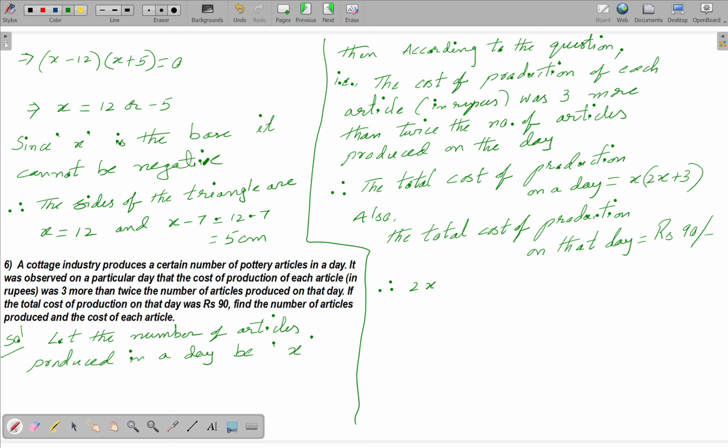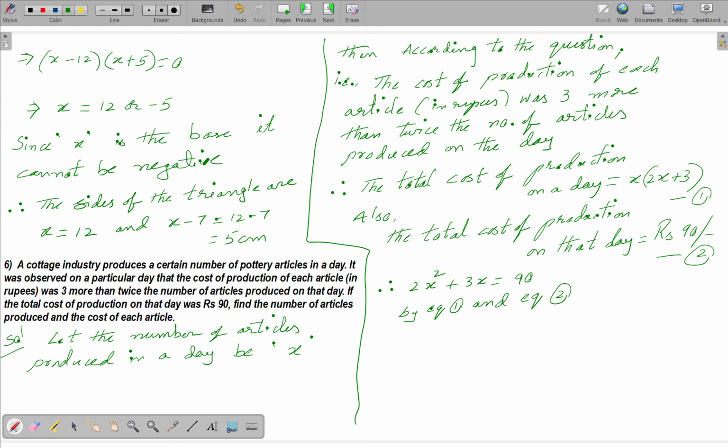Therefore, according to the question, 2x square plus 3x is equal to 90. This is by equation 1 and equation 2.